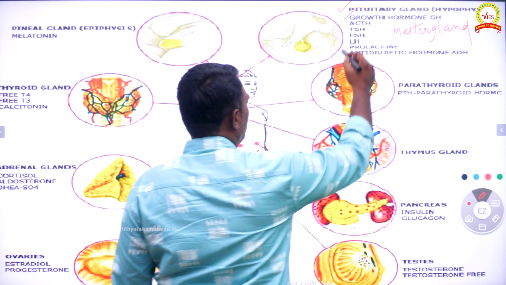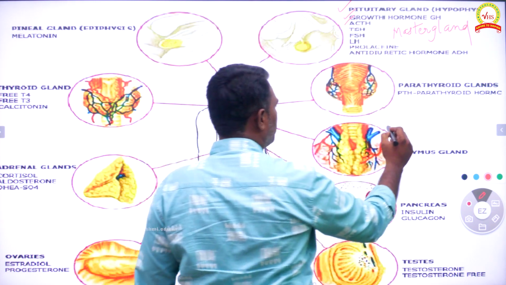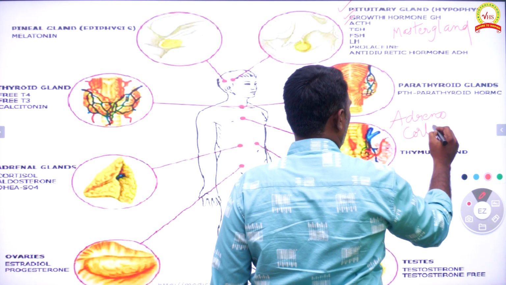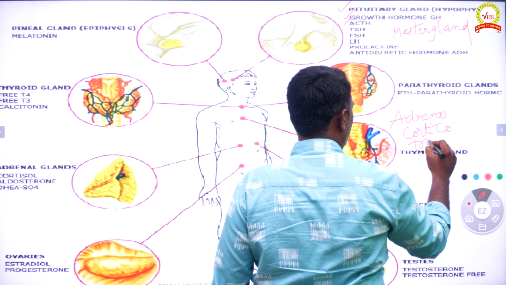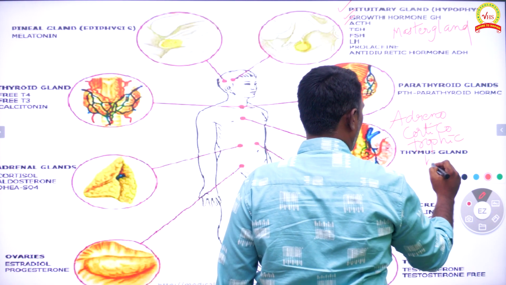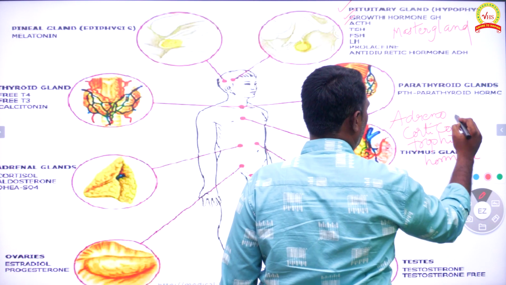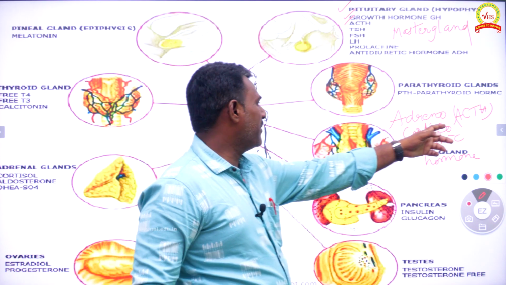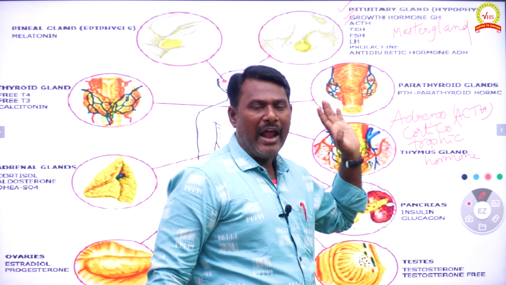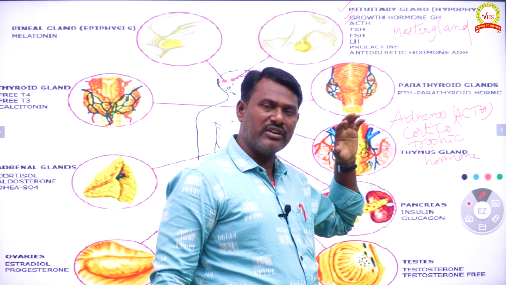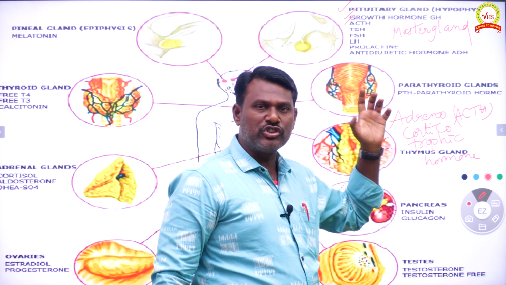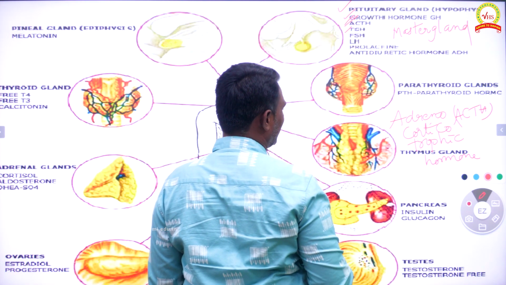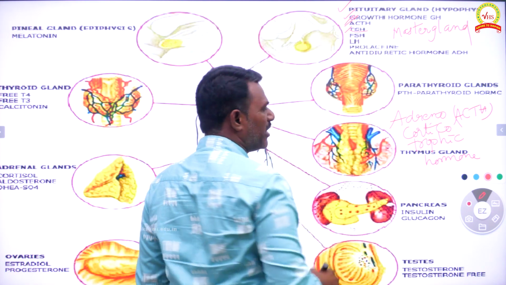Then ACTH, adrenocorticotrophic hormone: A means adreno, C means cortico, T means trophic, H means hormone. It acts on the adrenal glands, influenced by the pituitary gland. Next, TSH, that is called thyroid stimulating hormone.